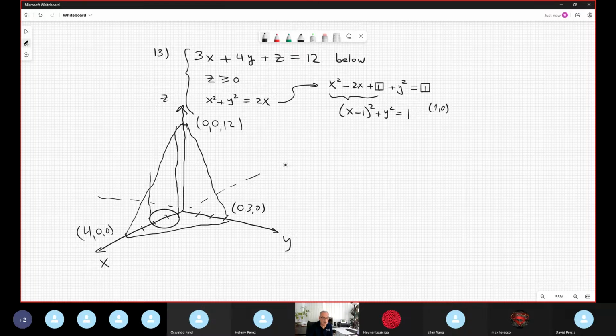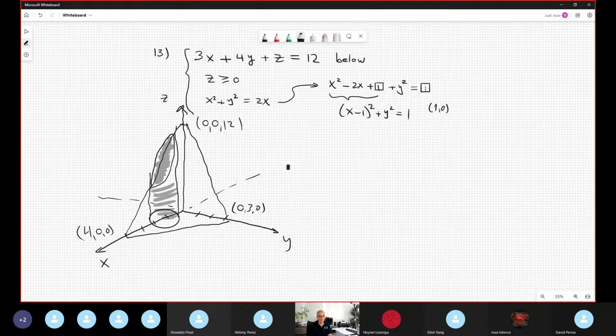And my solid, which is a little bit weird, is, I don't know, something like that. This is the top face, which is the intersection with the plane, and the wall is the cylinder.